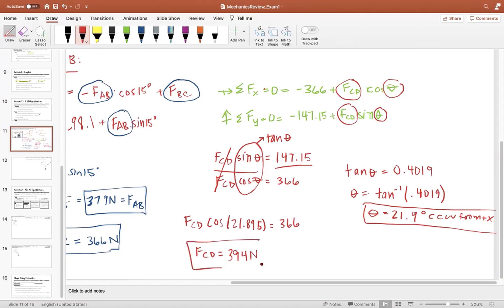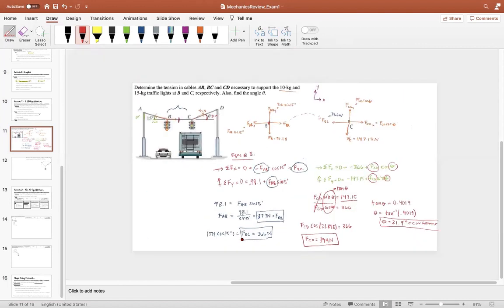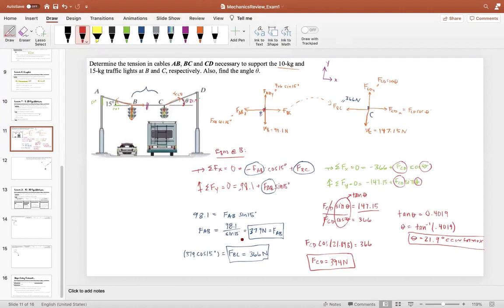And because this answer was asking for the magnitude of the tension... Real quick, not that it matters too much, but I got 394.5. So if you're rounding to 3 sig figs, it would be 395. Gotcha. Sounds good. And that's probably just an error with the person before you.